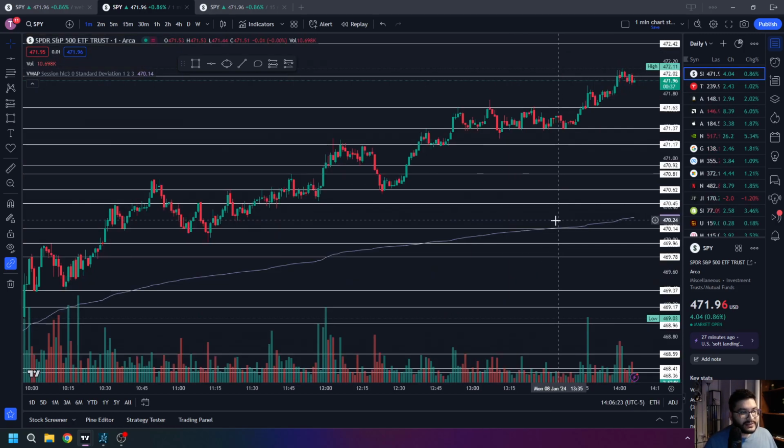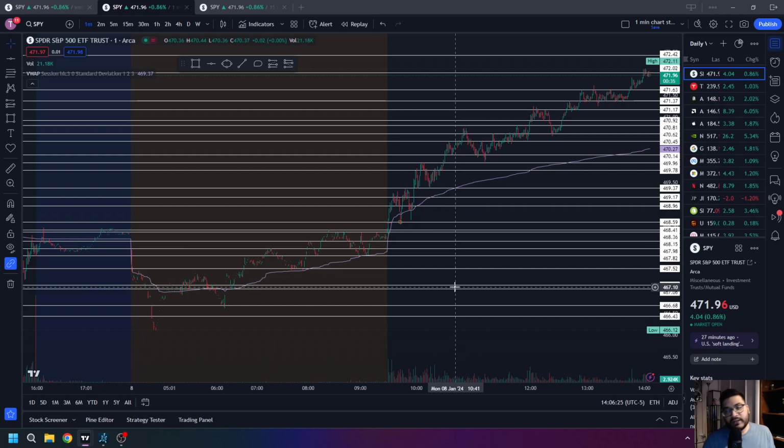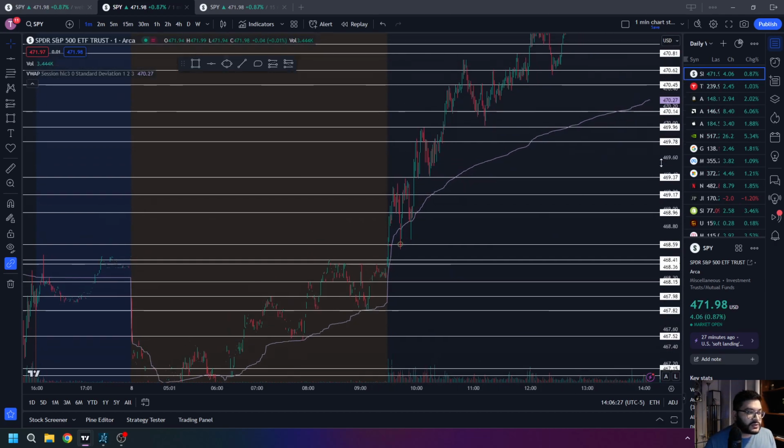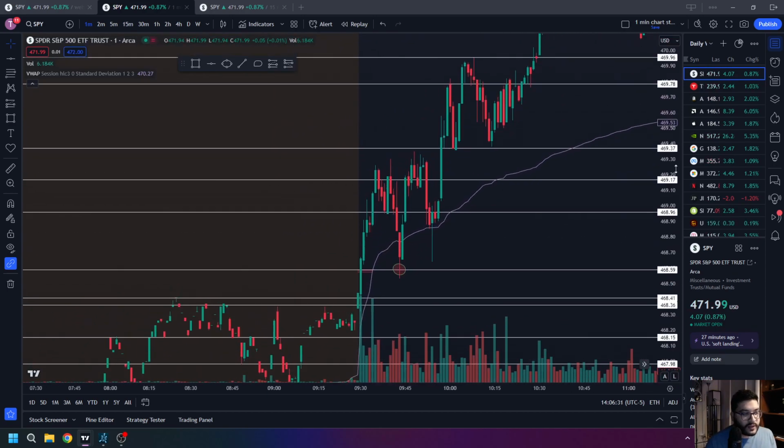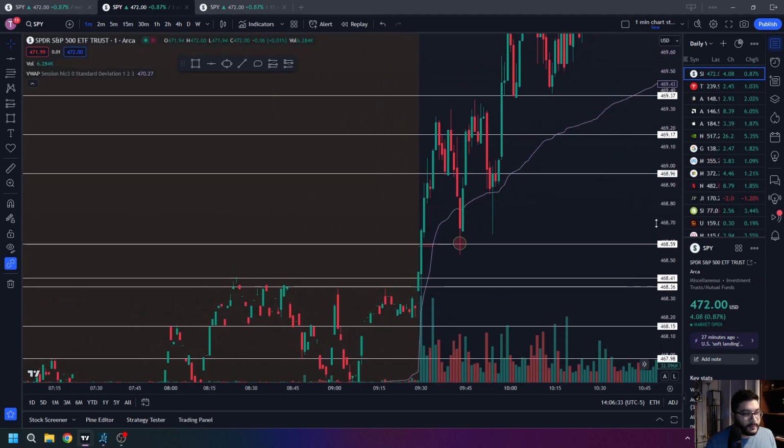So how do I decide which lines to go in on and which lines to just sit out? My thing is, I'm looking for a big, clear move, right? So 468.59 all the way to 468.96. Okay, that's about a 40-cent move.